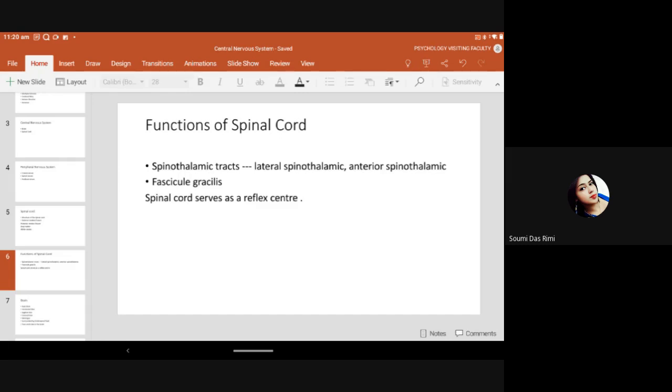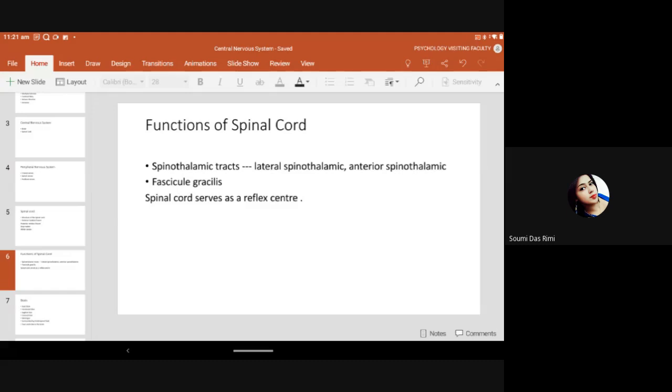Then the medial reticulospinal tract has some inhibitory influence on motor functioning, while the lateral reticulospinal tract has a facilitatory influence on the motor neurons going to the skeletal muscles, and the rubrospinal tract helps in coordinating body movement and posture.